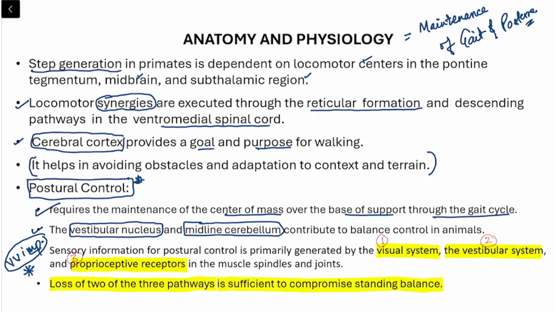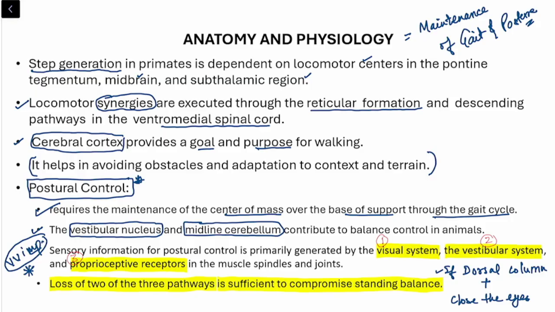If the cerebellum is involved, there will be loss of posture, there is no question in that. But if the dorsal column is involved, and you close the eyes of the patient, it means two sensations are gone.